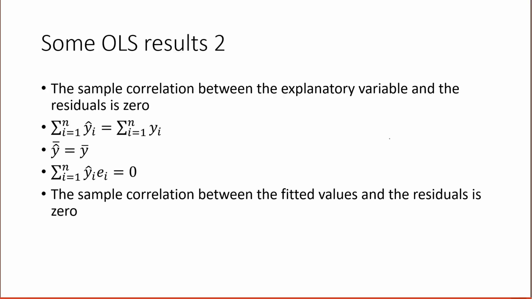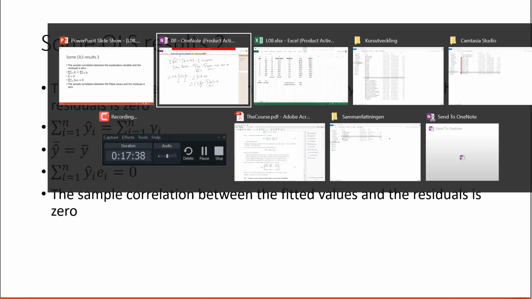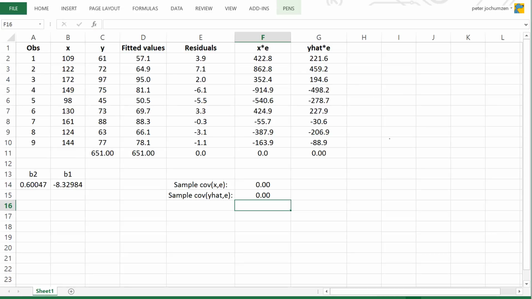So just a few things to emphasize here. First of all, these results hold no matter what the data looks like. But the key point here is that the b1 and b2 that we use are the OLS values, with an intercept.